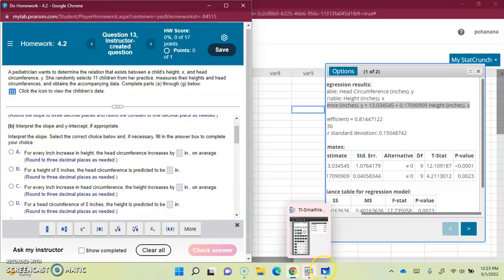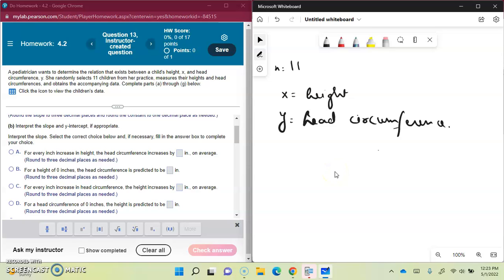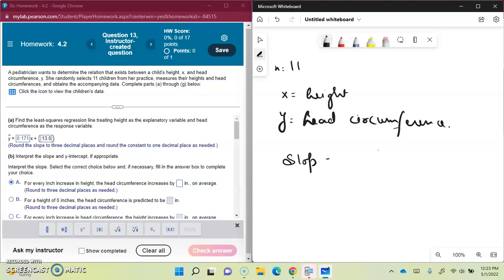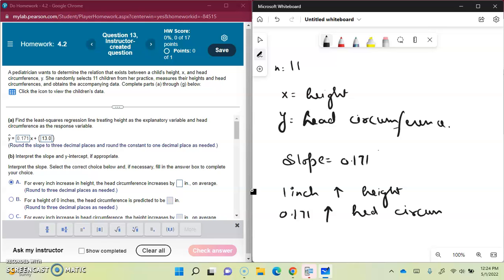Interpret the slope. So what's happening here? The slope is 0.171. For every 1 inch increase in height, there will be a 0.171 increase in the head circumference. That is what it means. So let's look that up.